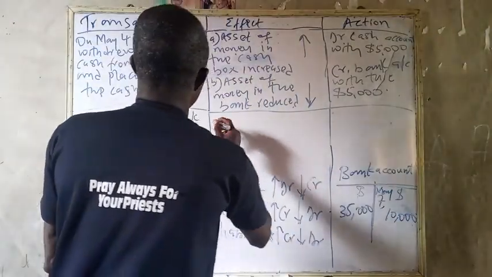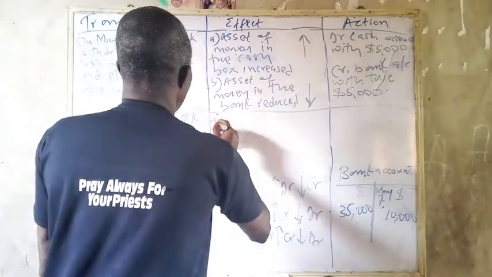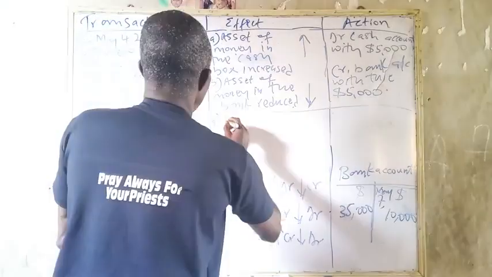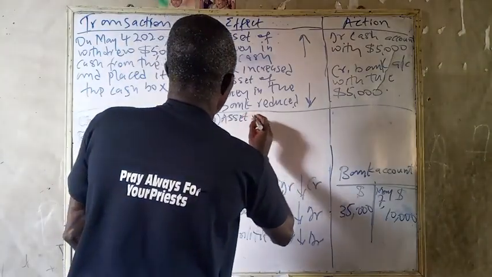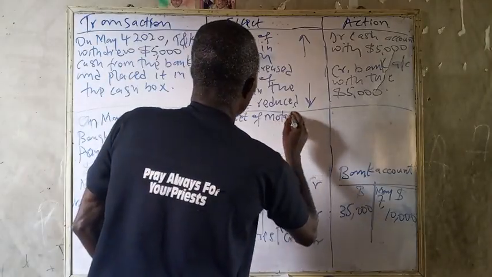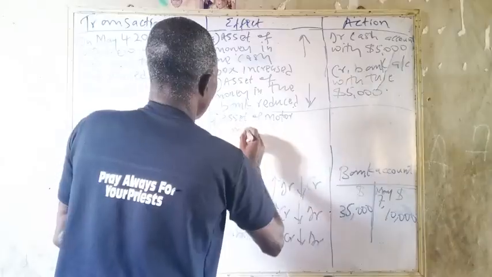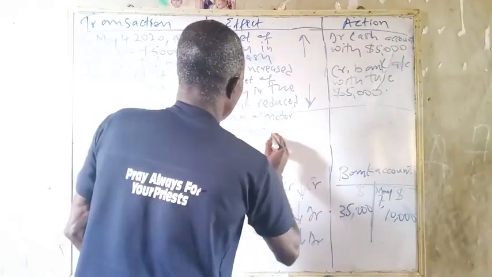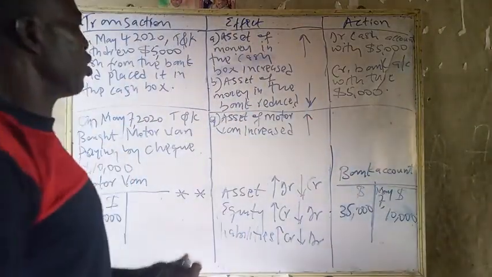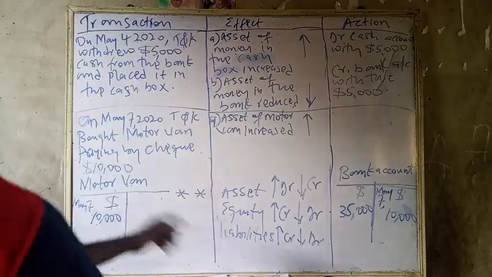So what is effect number 1 here? A, the effect is the assets of the motor van increased. And when assets increase, what do you do? You debit.